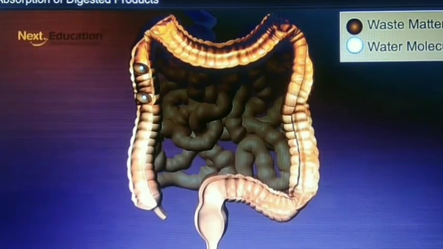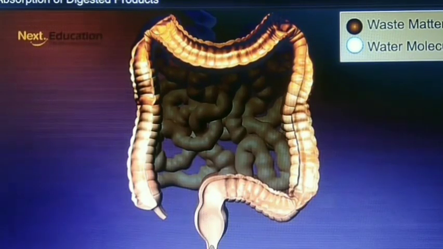The undigested waste material we call feces, and these feces move through the colon by the peristaltic movement of the colon. That is, the muscularis layers will contract and relax and push the feces through the colon, and as a result this waste material moves towards the rectum, where it is temporarily stored, and later it will be let out by a process called defecation.